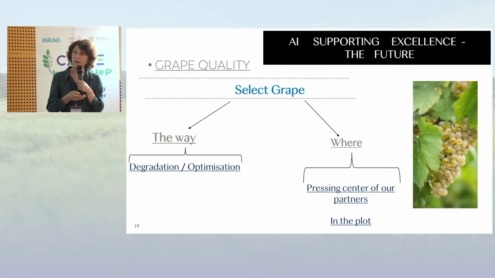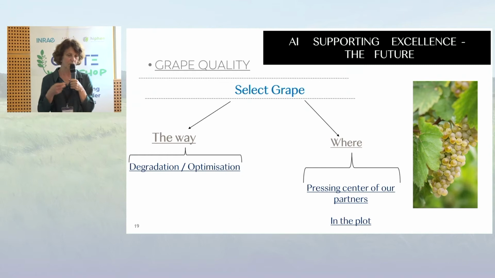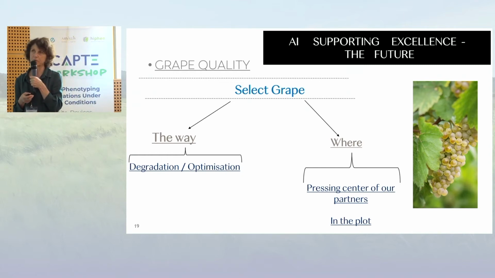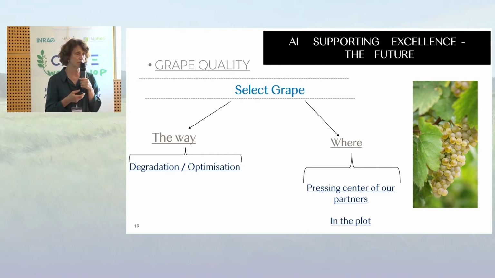And another aspect, maybe a more long-term aspect that we can study and develop, is the way we can use this kind of pictures. Is it only to set apart different grape qualities, or is it to improve the quality?